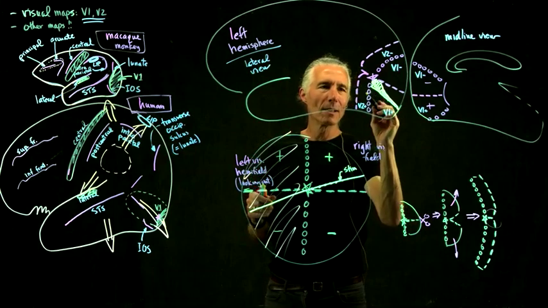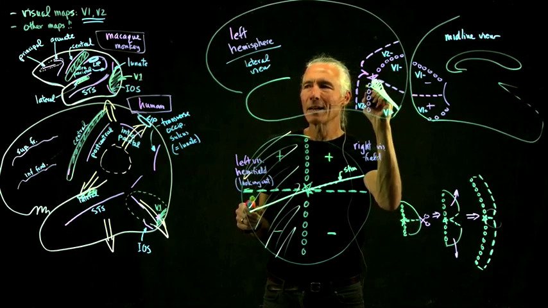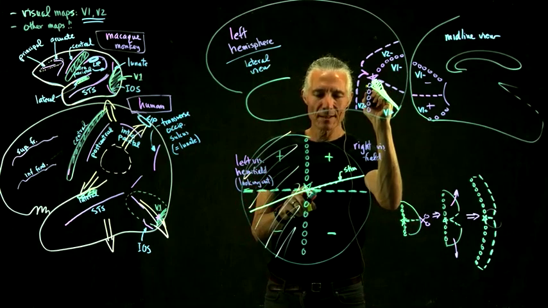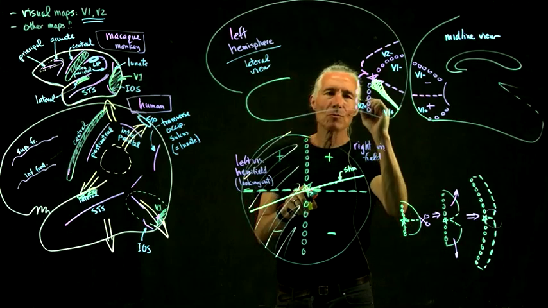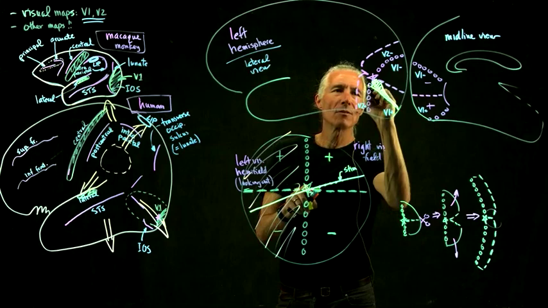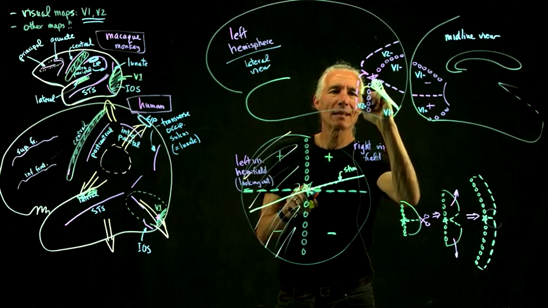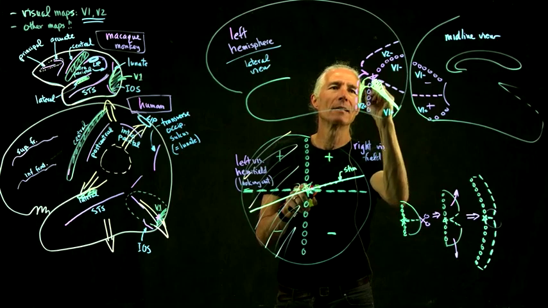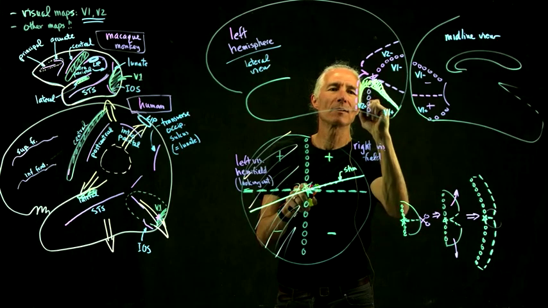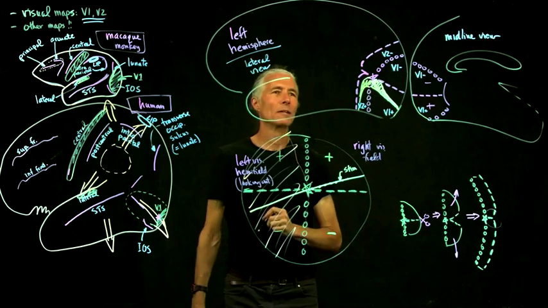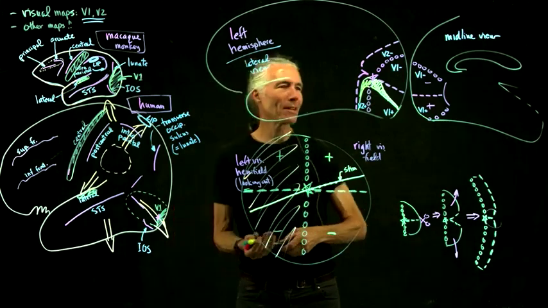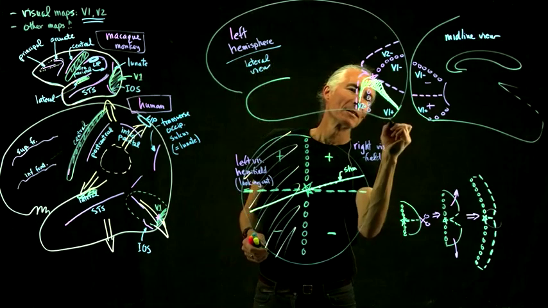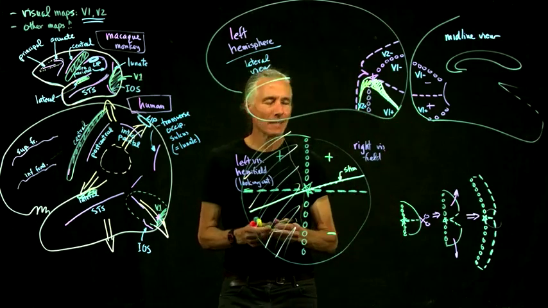So there's going to be a really fat line right near the center of gaze in V2. And then it's going to stick closer to the horizontal meridian. So here's that fat line coming out and sticking closer to the horizontal meridian, something like that. And then it will go down, getting thinner and thinner. So that's what a line would look like in the cortex.